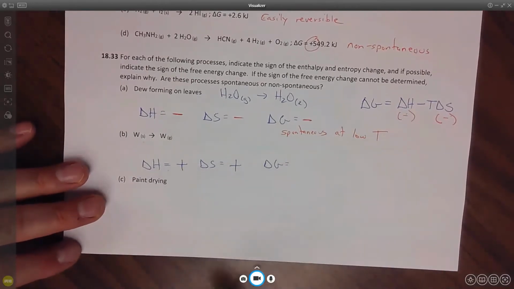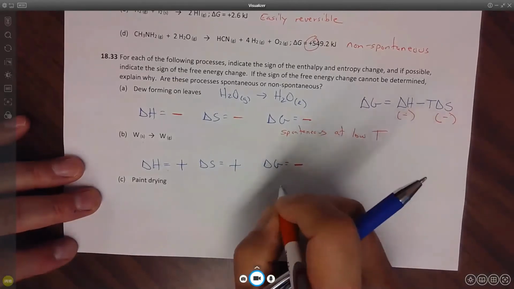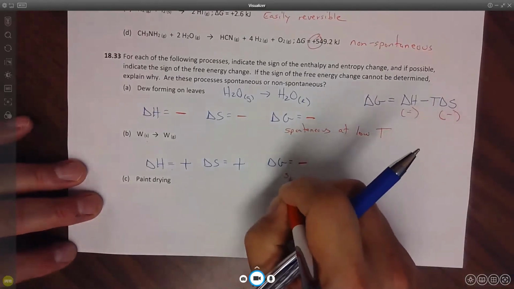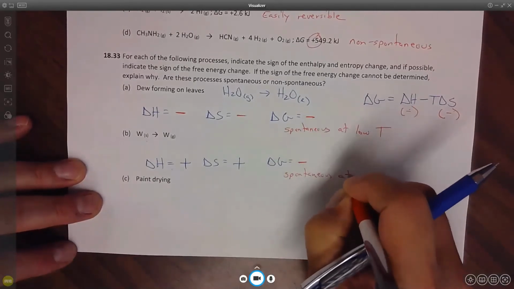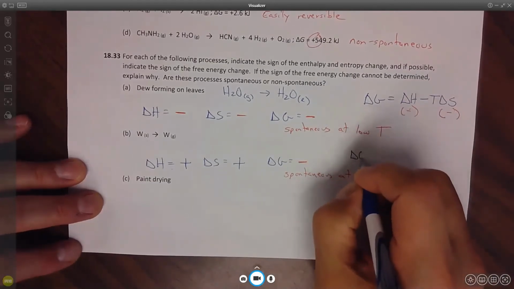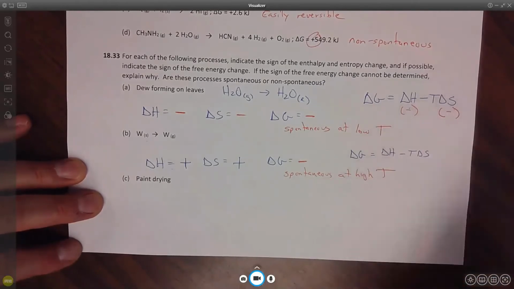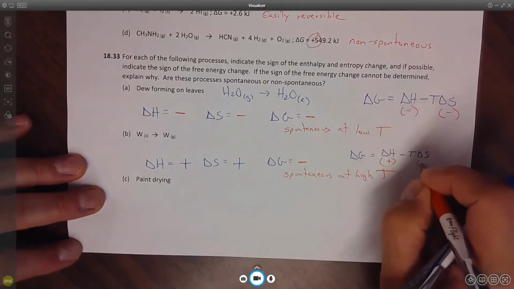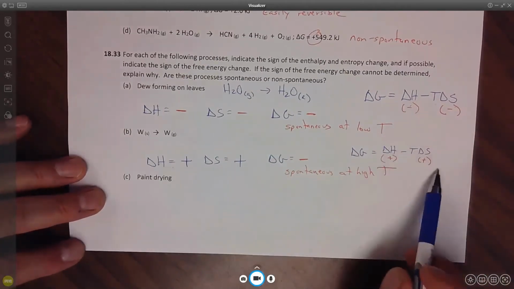Then what about del G? When will it be negative? When will it be spontaneous? At high temperatures. So it's going to be spontaneous at high T. Since del H is positive and del S is positive, del H is always going to be positive and this term will be negative.